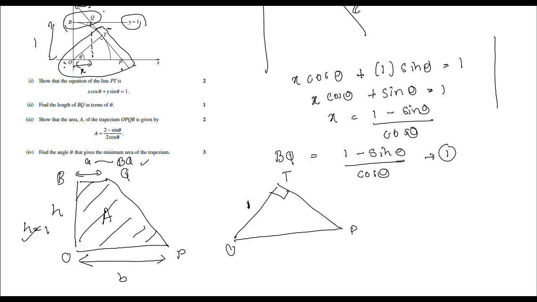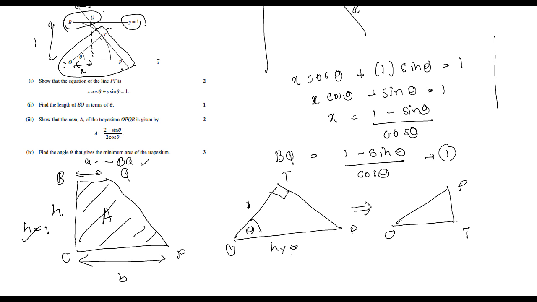This is a right angle triangle, so OP is the hypotenuse, and this angle is theta. If I turn it around this way, it is the same triangle, I'm just redrawing it.